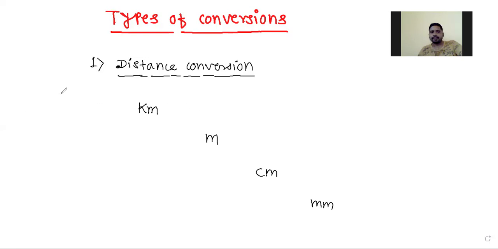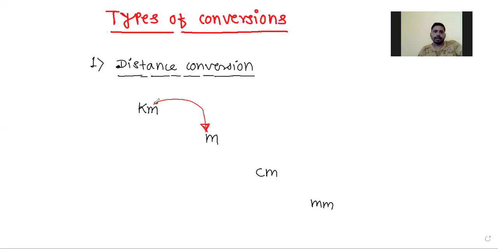How do you convert this kilometer into meter? So conversion started from kilometer to meter. So this is the arrow which gives you idea. The tail of the arrow is on kilometer and head of the arrow on meter. So we have to convert from kilometer to meter.